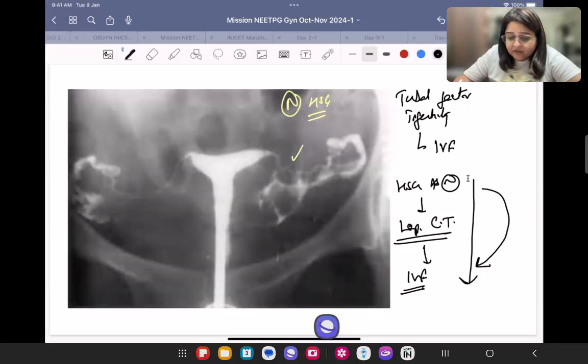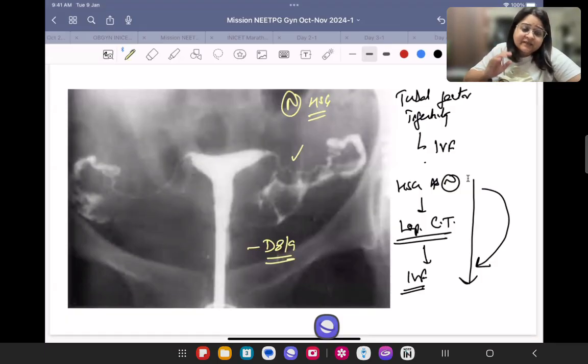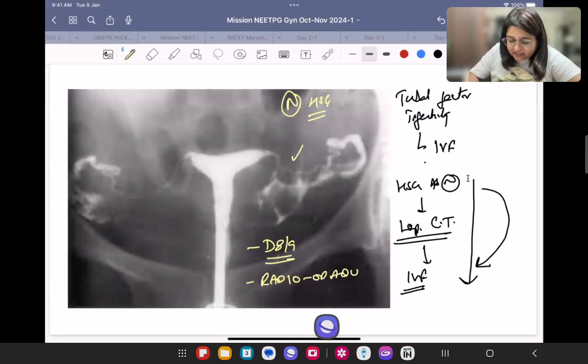Okay. Now, also, what you should remember, HSG is usually done on day 8 or 9 of the menstrual cycle. The idea is that her bleeding should stop, and it should be before any chance of ovulation has happened. Because if ovulation has happened and you do an HSG, you may disturb a pregnancy which was forming. So day 8 to 9 is the best time to do it. We usually use a radio-opaque dye because it has to be visible on the X-ray.